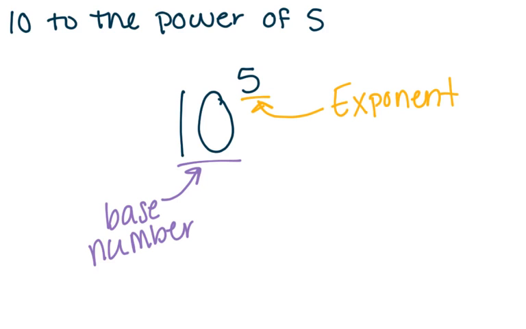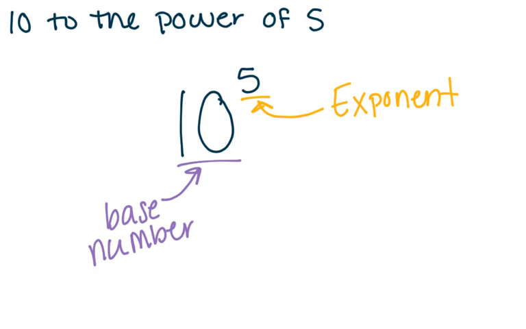We do this so that you know that this is 10 to the power of 5 and not 105, because those are two very different things. When writing exponents, you will usually see it written this way, and this is how you will write it. However, if you are doing math on a computer or you're putting it into a calculator, you might not be able to put it this way.